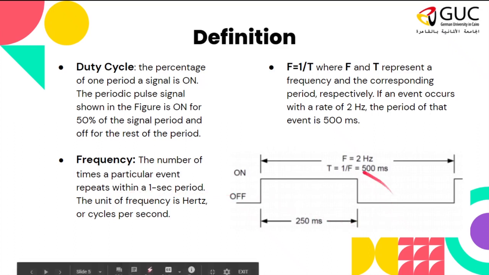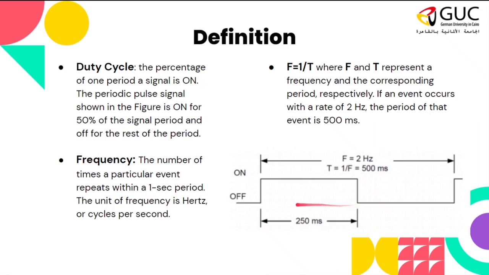As we said, this is a 500 milliseconds period, which is half a second. When we replicate this again, up and then down, over 1 second we will see that our signal is on twice per 1 second.